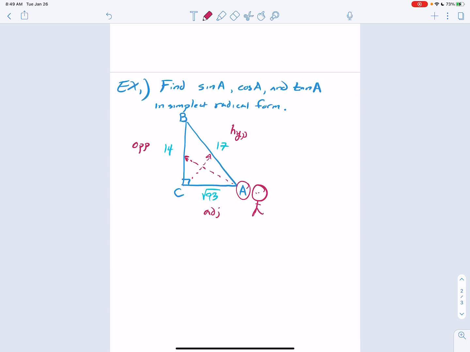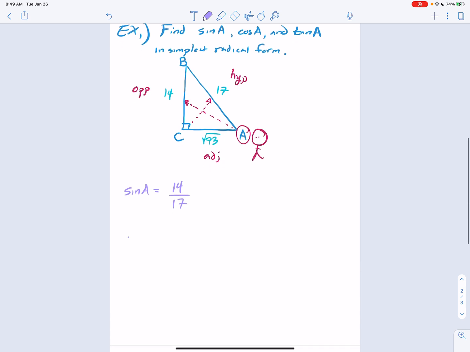So here we go. It's not that bad. Sine of A would equal, okay? So remember that sine is opposite over hypotenuse. So the sine of A would be opposite 14 over hypotenuse 17. Okay, let's keep going. Cosine of A is adjacent over hypotenuse.